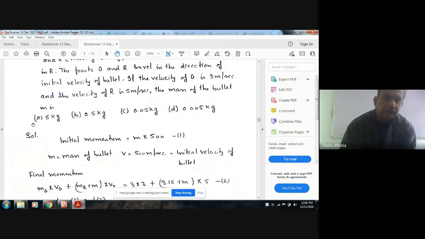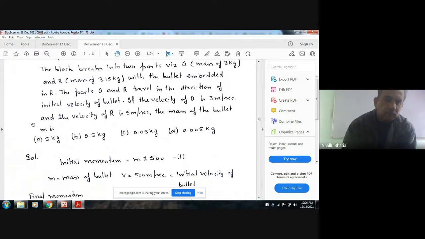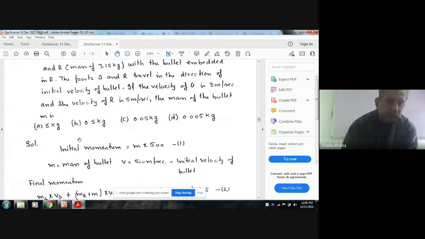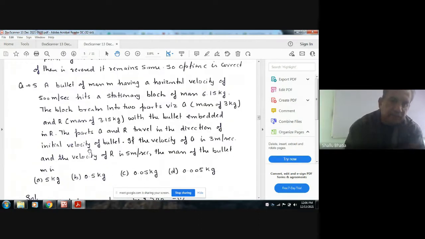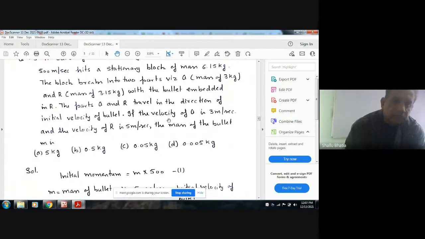0.005 kg. Okay. Now initially there is only the bullet, which is moving, so the initial momentum is m times the velocity of the bullet, 500. Let m be the mass of the bullet. That is the initial momentum. Once the bullet hits the block, it gets divided into two parts, one of 3 kg and the other of 3.15 kg, and the bullet also gets embedded in one of the blocks.